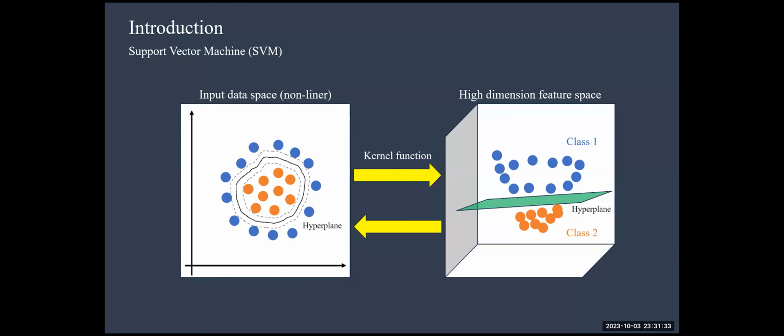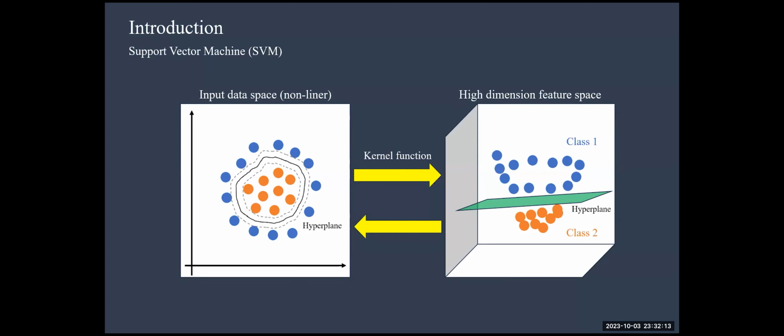In more complex datasets, like nonlinearly separable data, SVM requires a kernel function to map input data into a high-dimensional feature space in order to find a hyperplane that separates two distinct datasets. As shown in this figure, SVM cannot find a linear hyperplane to separate the dataset in the two-dimensional input space, but with the kernel function transformation, SVM can find a hyperplane in the high-dimensional feature space.